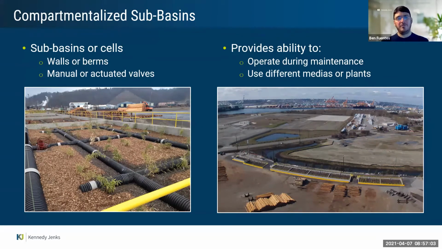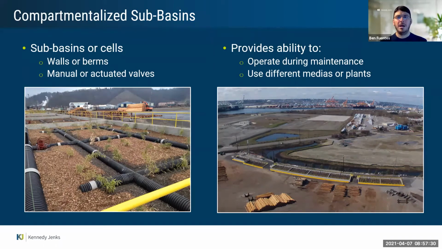When you have some level of compartmentalization and you can close off one cell and keep another cell open, it allows you to perform maintenance at any time of the year and keep the system treating water while you close off one cell to maintain your plants.